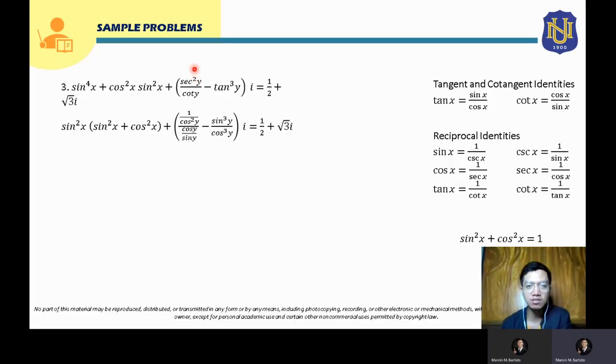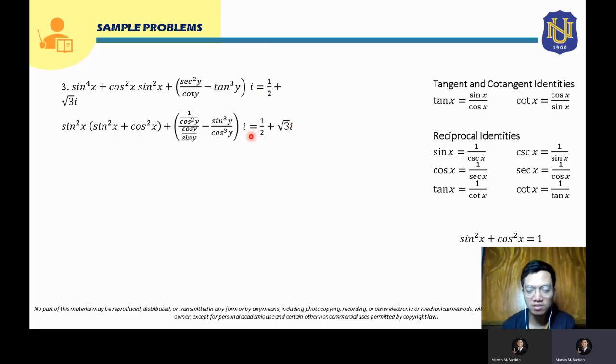Your secant squared y, as you know from your identities, is equal to 1 over cosine squared y, over your cotangent y, whose equivalent is cosine y over sine y. Now for your tangent cube y, we can also apply this: sine cube y over cosine cube y.